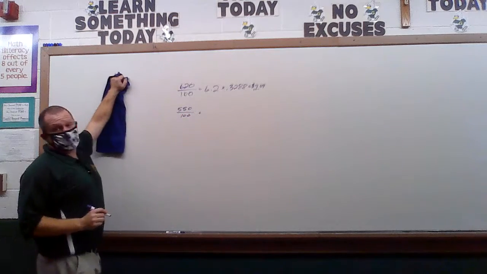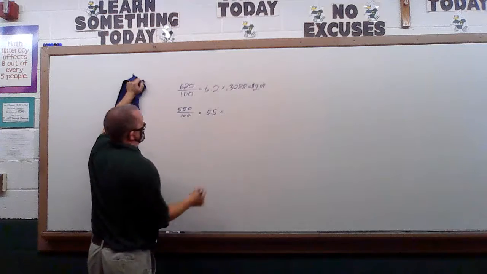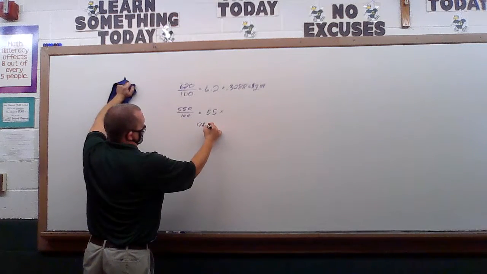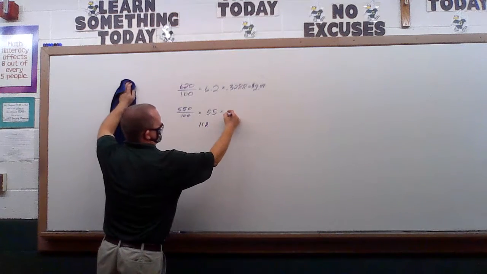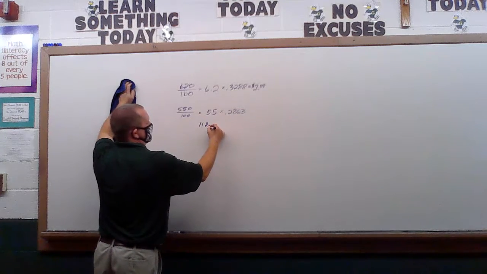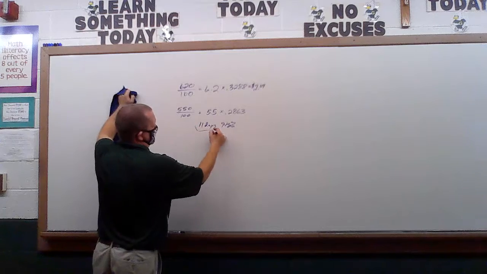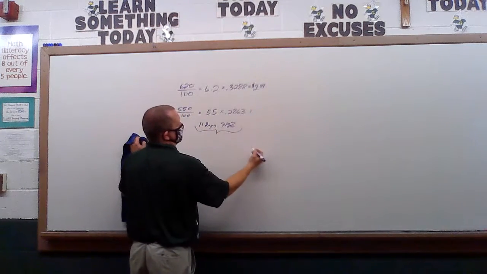So again, I'm going to divide by 100. So I'm going to get 5.5 times, we had, what do we have? 17 days? 0.2863. 11 days. What did you say? 9.5%? So this is again from the table. And then our grand total was?